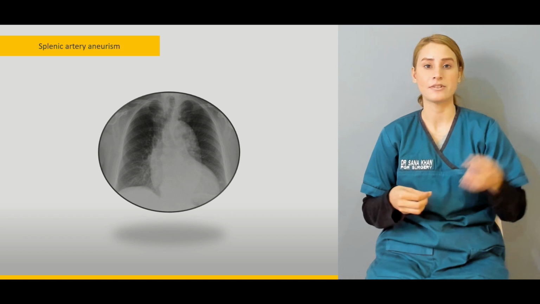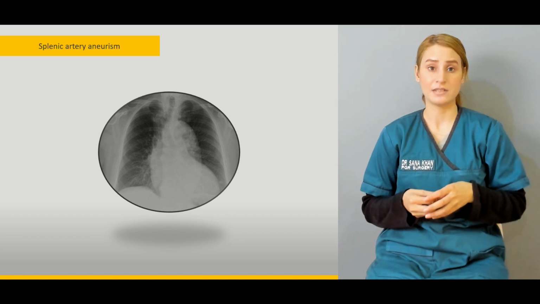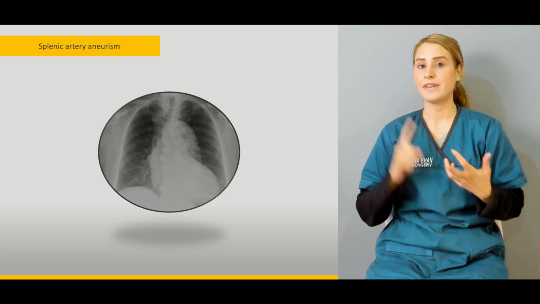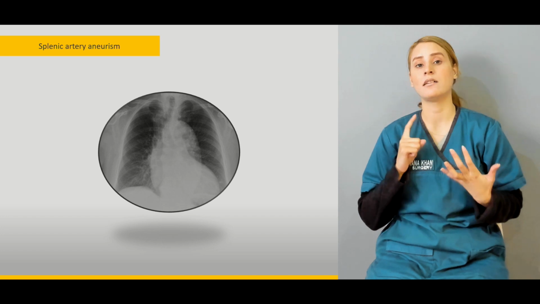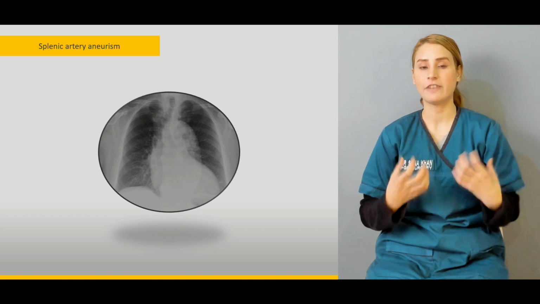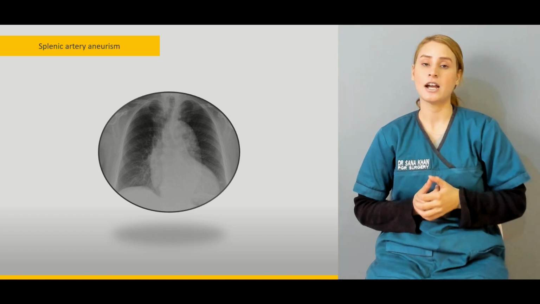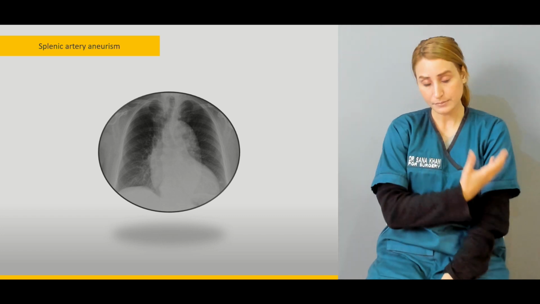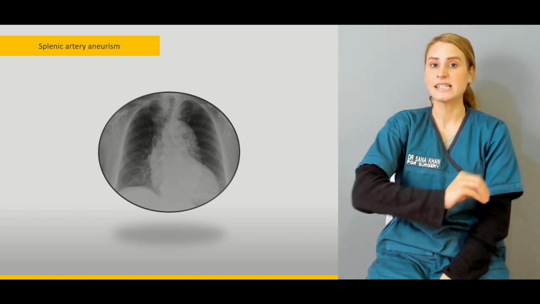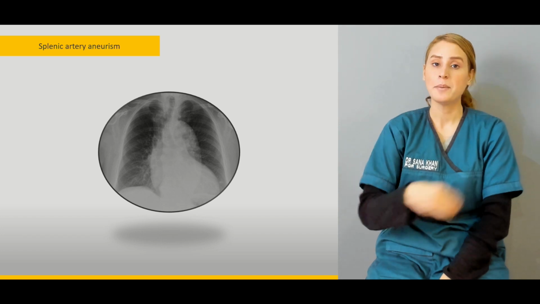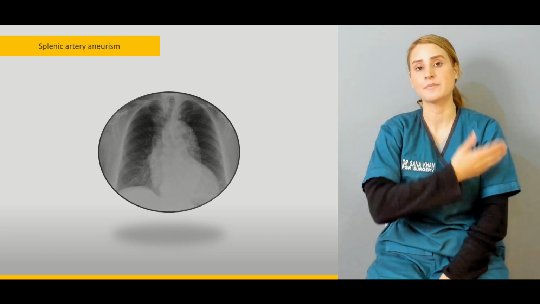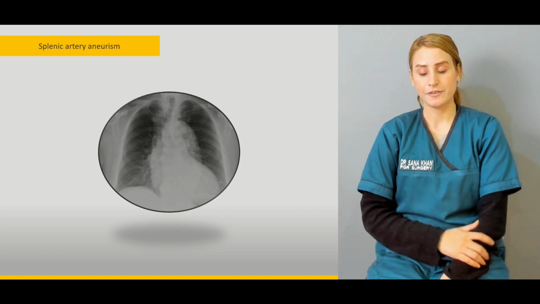But sometimes when there is a rupture of the aneurysm, the patient becomes hypotensive and tachycardic as well, and can have very severe left hypochondrial pain, or left upper quadrant pain, radiating to the tip of the shoulder, because it irritates the diaphragm, as it is located near the left hemidiaphragm. Whenever it irritates the diaphragm, the pain is referred to the tip of the shoulder.